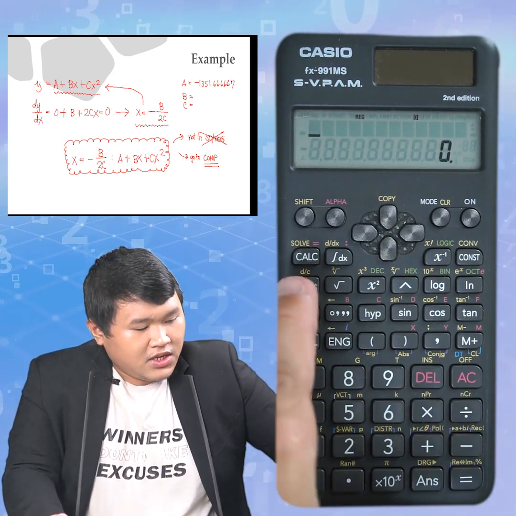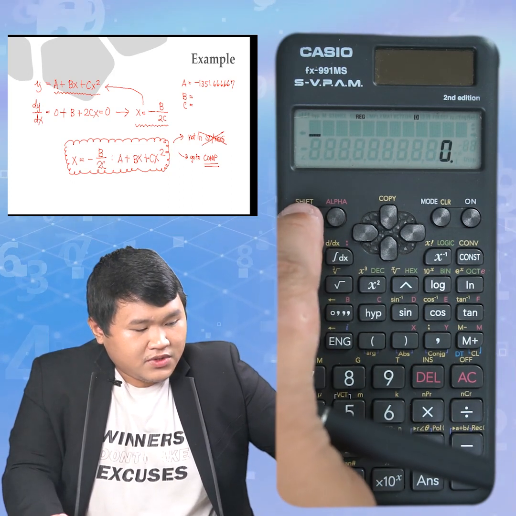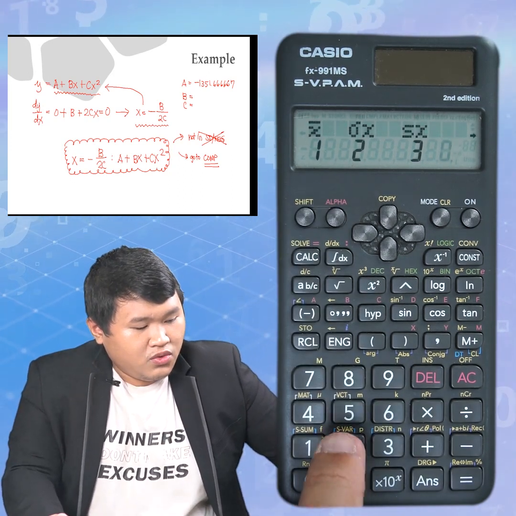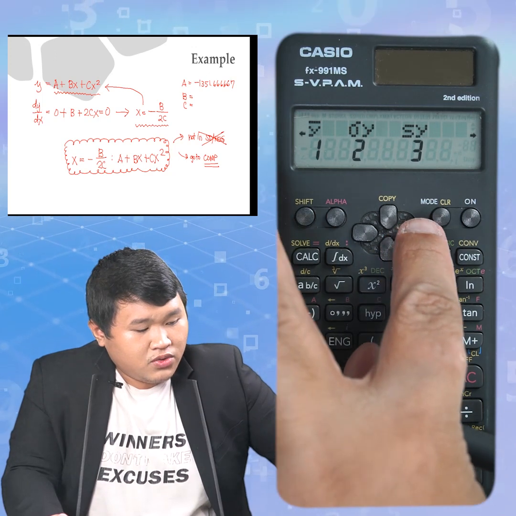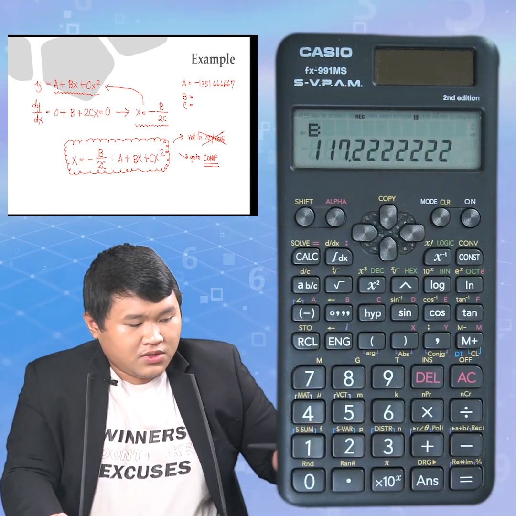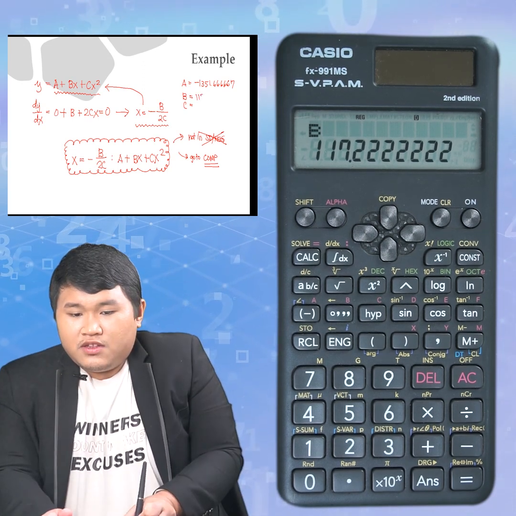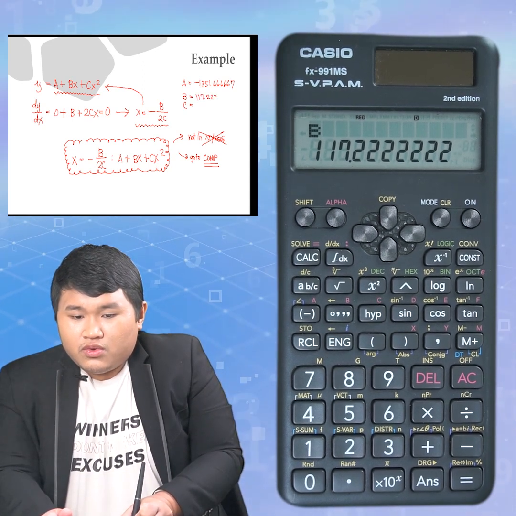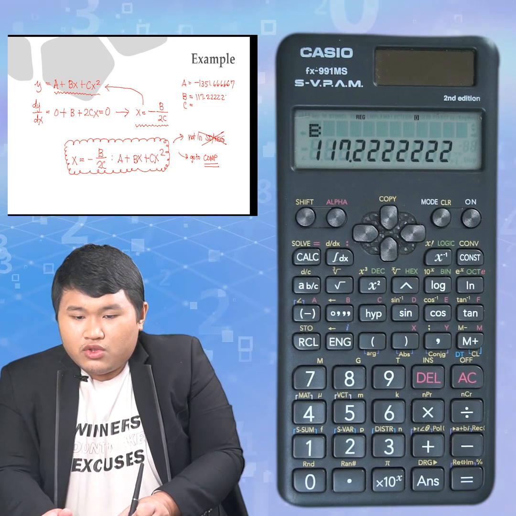Next, let's calculate B. Shift and then 2, and then let's go to the third screen and press 2 to calculate B. Equals 117.222222.